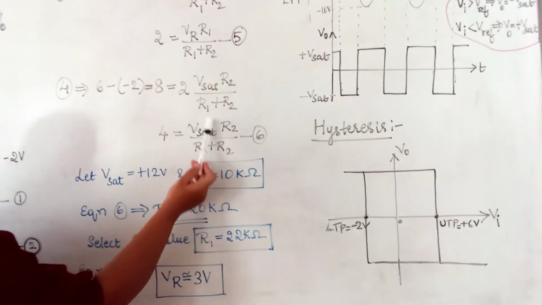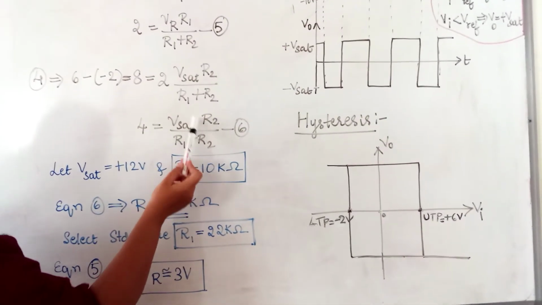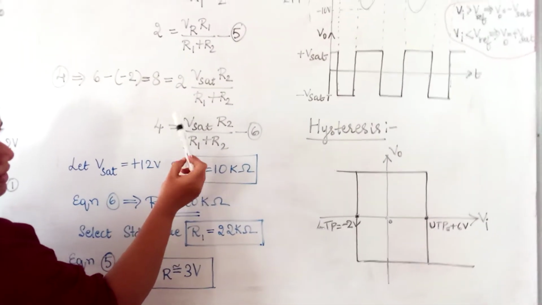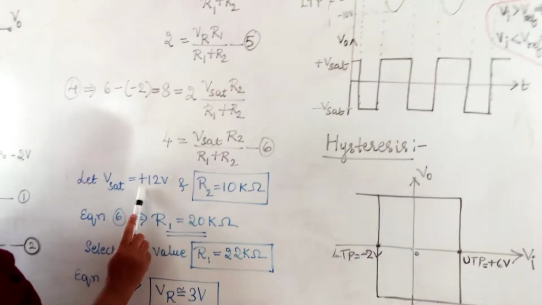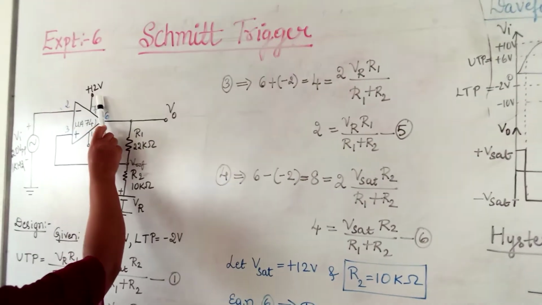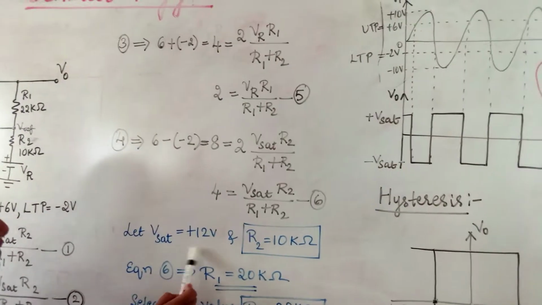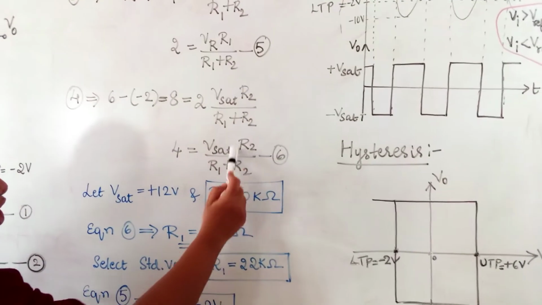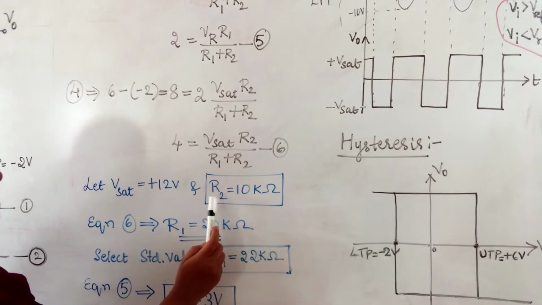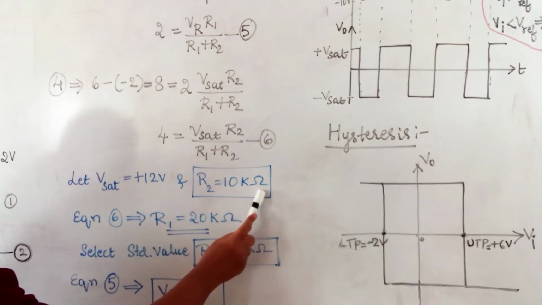Now here we know that V sat clamps at plus 12 volts. Plus V sat is equal to plus 12 volts, that is the plus VCC. So V sat is equal to plus 12 volts and R2 we assume, say the value of R2 as 10 kilo ohm.